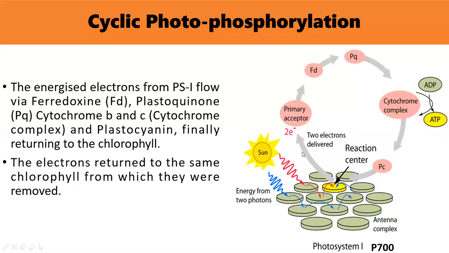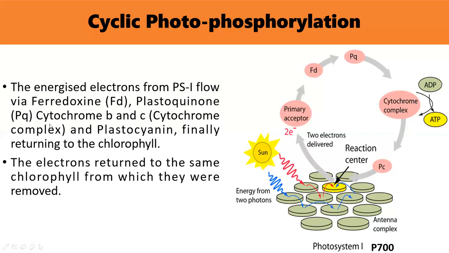That's why this type of photophosphorylation we call cyclic photophosphorylation. Here we have to know what these electron acceptors are. The energized electrons from photosystem 1 flow via ferredoxin, plastoquinone, and the cytochrome complex.